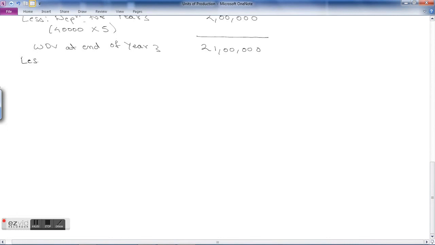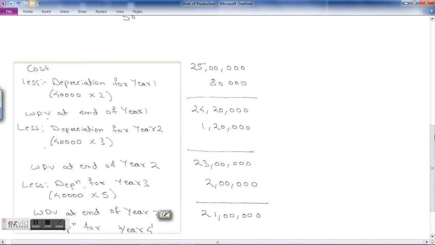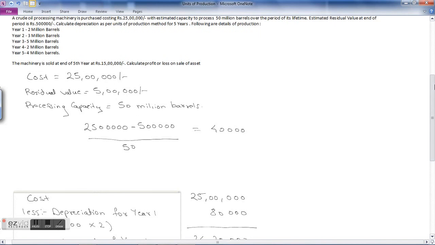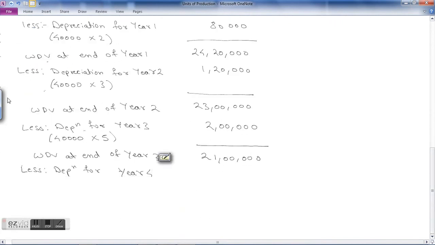Less depreciation for year 4. So what is the capacity that has been processed? 2 million barrels have been processed in year 4. So depreciation will be 40,000 into 2.